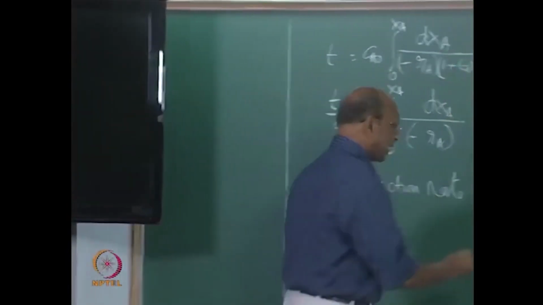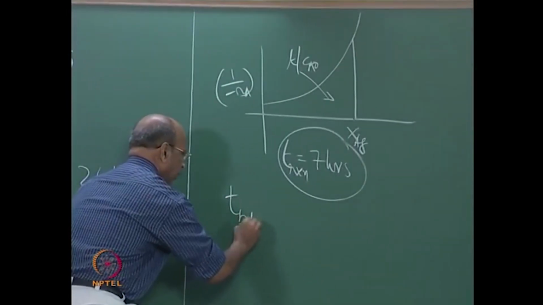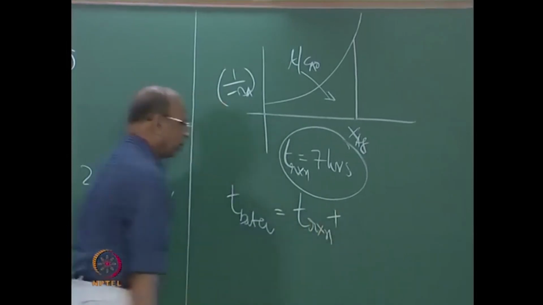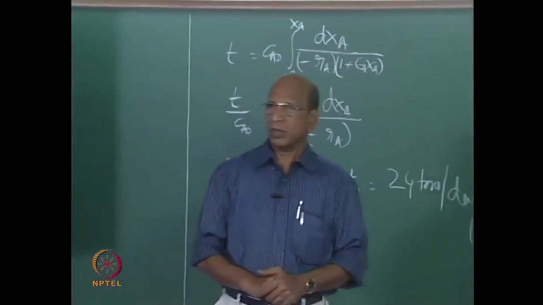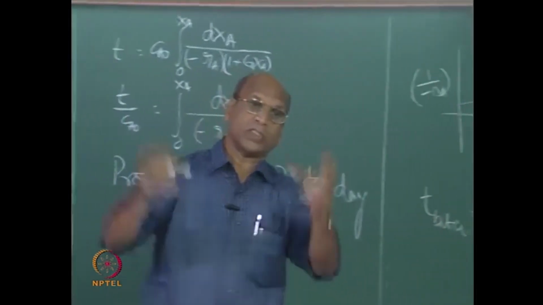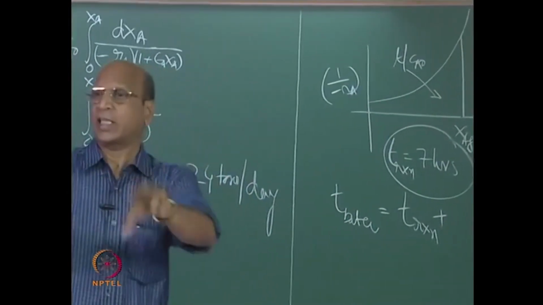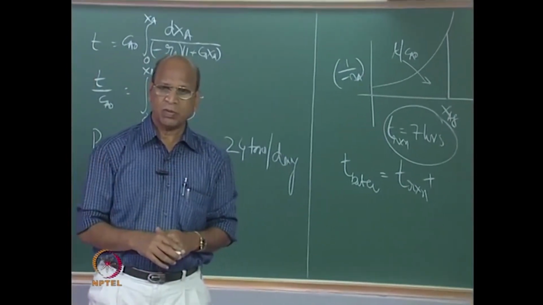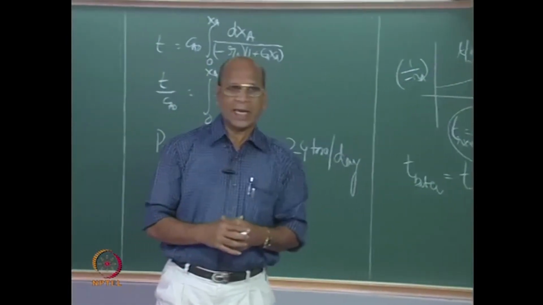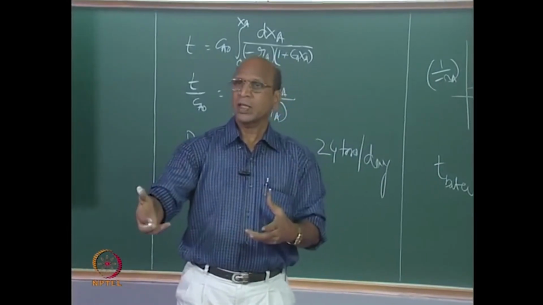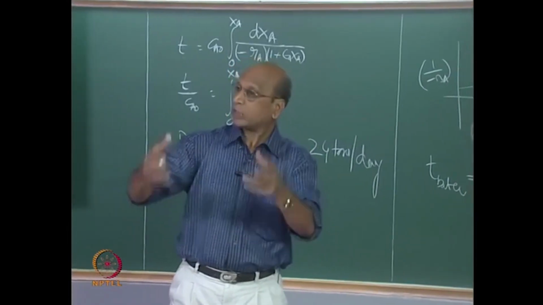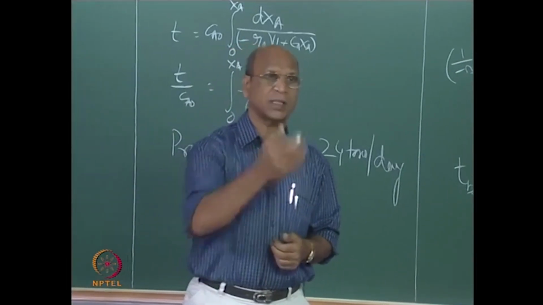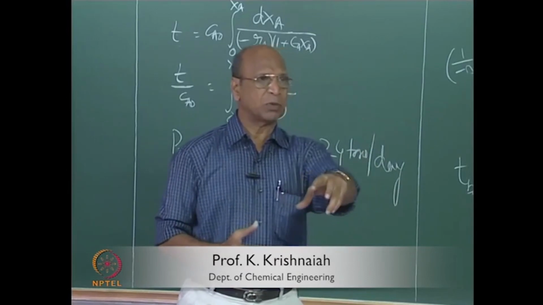The total batch time, T batch, will be T_RXN, the reaction time, plus the charging time when you are first starting the reaction. Then after the reaction you have discharging time, and sometimes you may have to clean, so cleaning time. All those timings also come into the picture. Particularly in biochemical reactions, they use sterilization time, otherwise the next microorganisms may die.